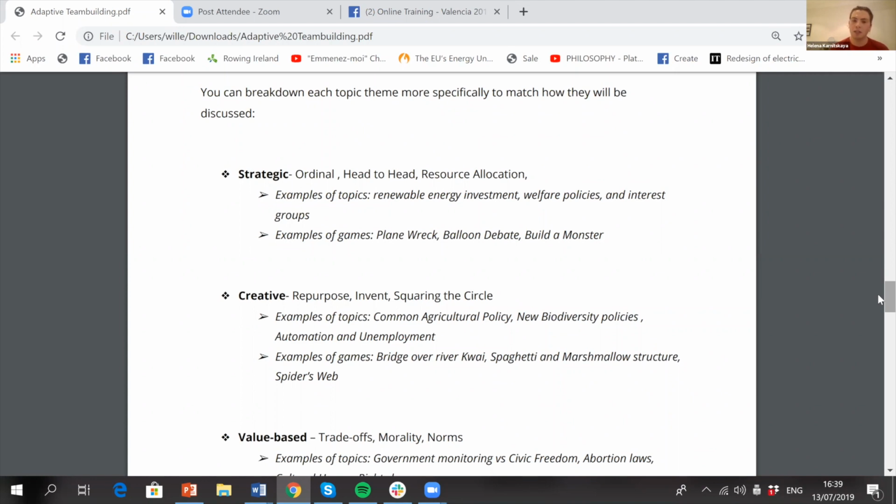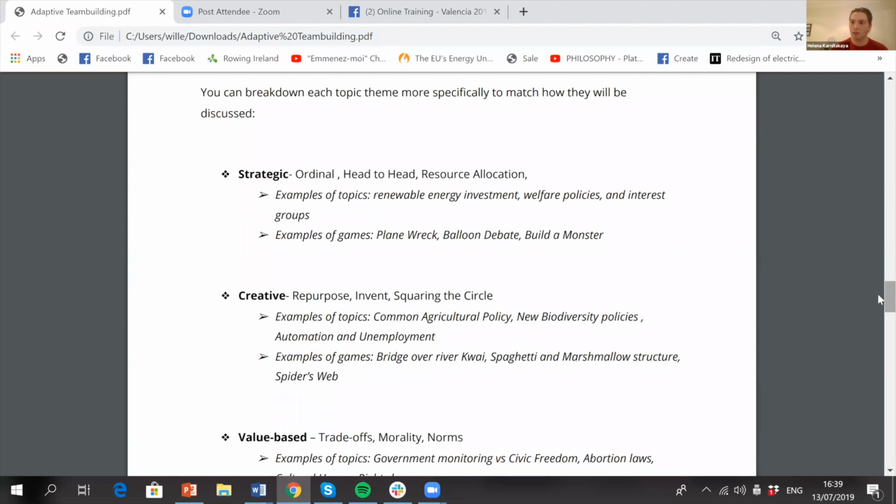A good example of a game which best replicates that situation is the spider's web, which is a game that we always play. What I like about it is that the delegates look at the problem and think, there is no way we're going to sort this out, and we tell them, yes, you're going to have to do that. And most of the time they eventually do, and they come up with solutions which directly respond to a problem they previously thought they couldn't solve.